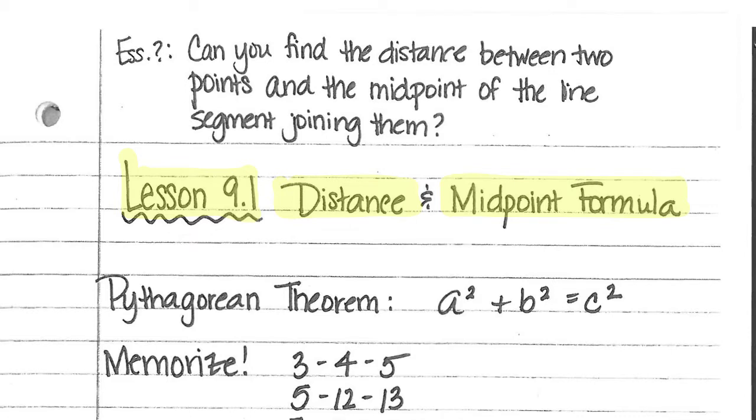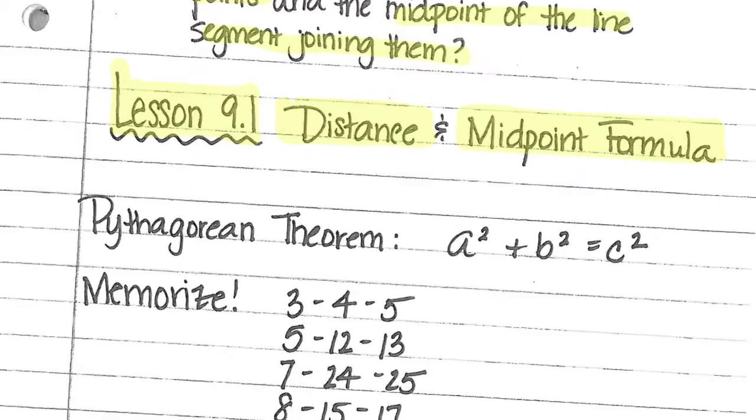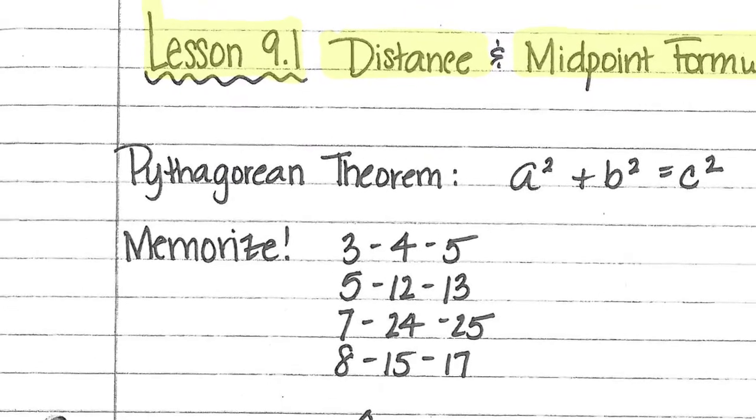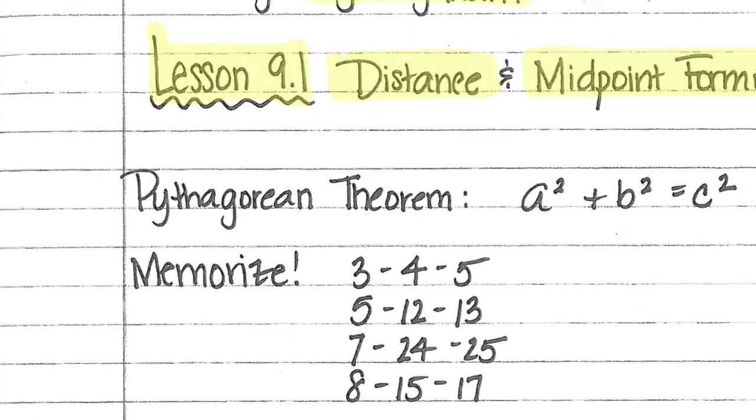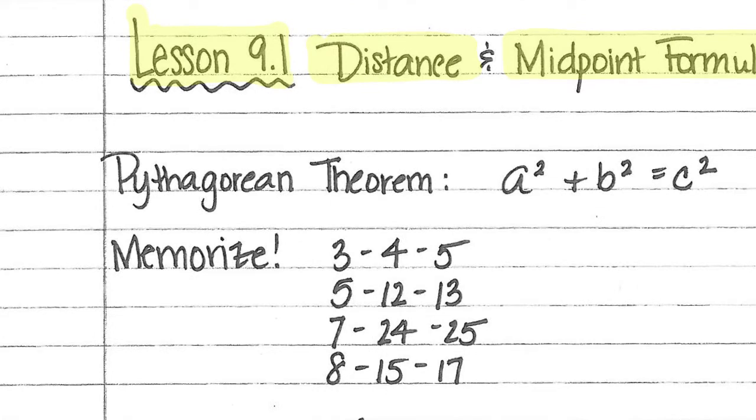Our essential question is, can you find the distance between 2 points and the midpoint of the line segment joining them? The first thing I want to bring to your attention is a lot of these questions revolve around the Pythagorean theorem. The Pythagorean theorem tells us that a squared plus b squared equals c squared.